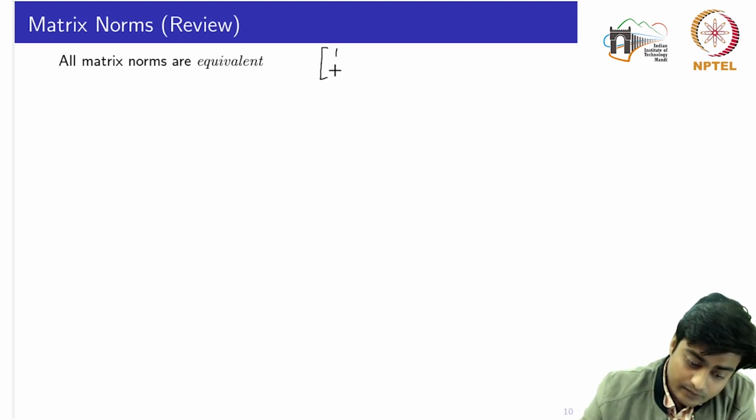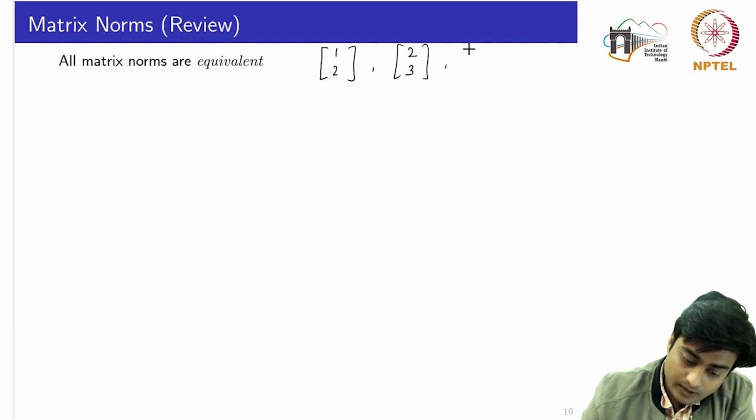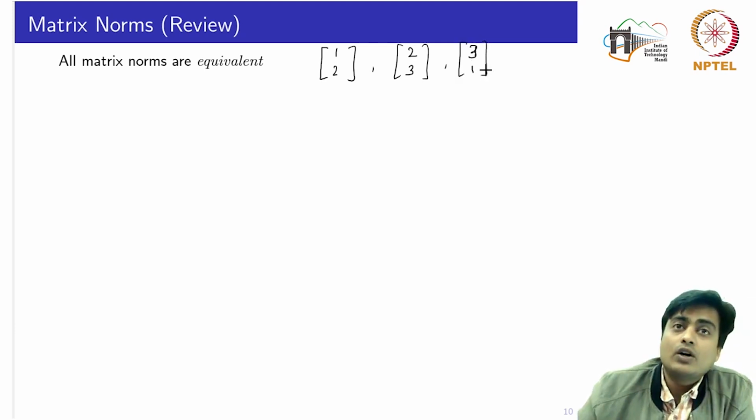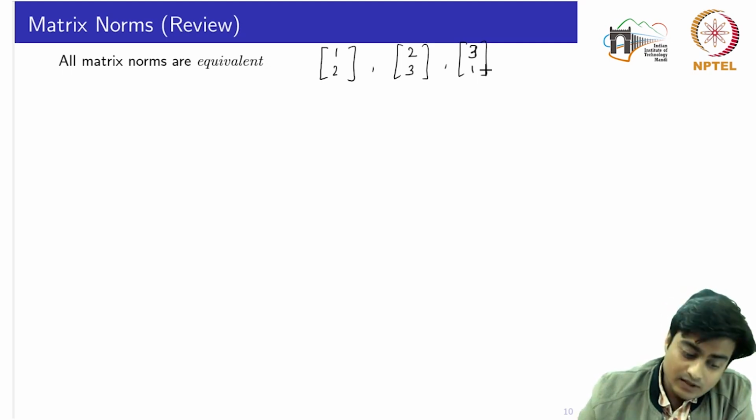Let's say we have one vector 1 2, another vector 2 3, and another vector, let's say 3 1.